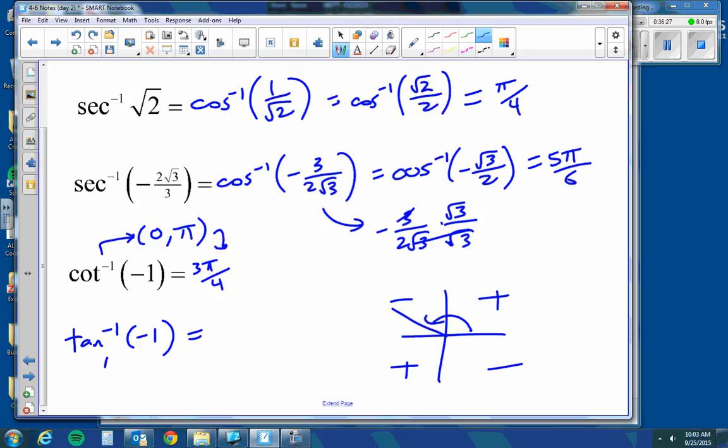But tangent works like sine, so it produces answers from first or fourth. So what does that answer? Yes. Okay? So just be careful.